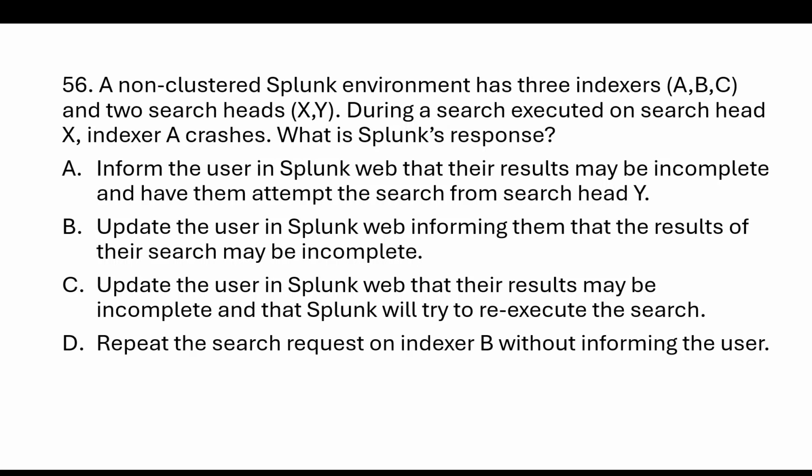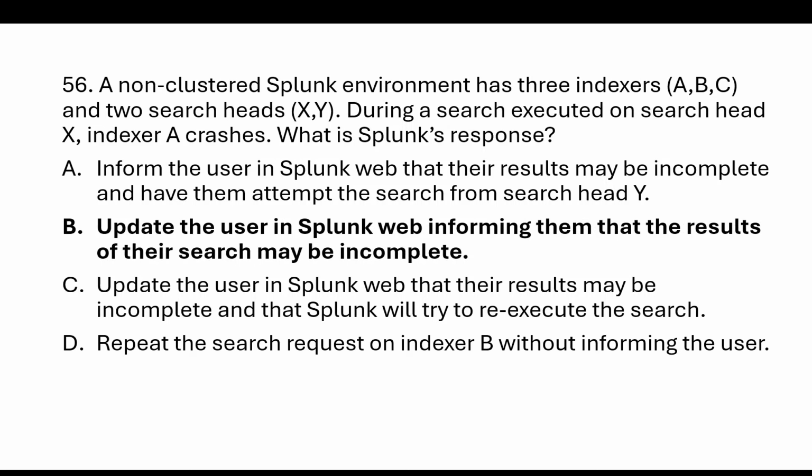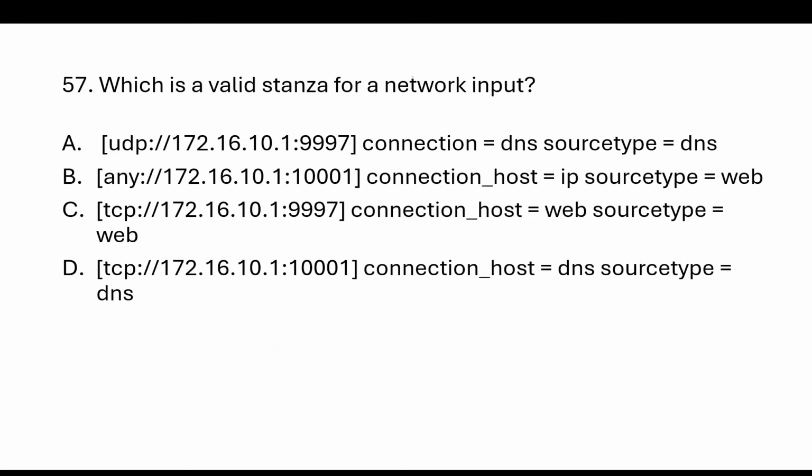Option C, update the user in Splunk Web that their results may be incomplete and that Splunk will try to re-execute the search. Option D, repeat the search request on indexer B without informing the users. And the answer is option B, update the user in Splunk Web informing them that the results of their search may be incomplete.